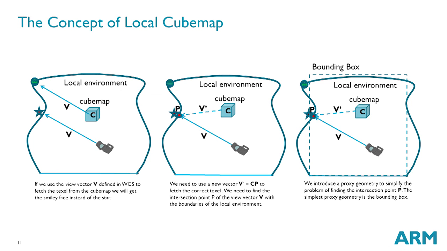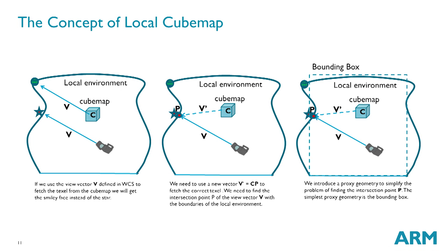So we use a proxy geometry, a bounding box. We can find very easily the intersection point of a given vector with this proxy geometry. And then we build a new vector from the position where the Cubemap was baked to this intersection point, and only then we can fetch the texture in the right way.